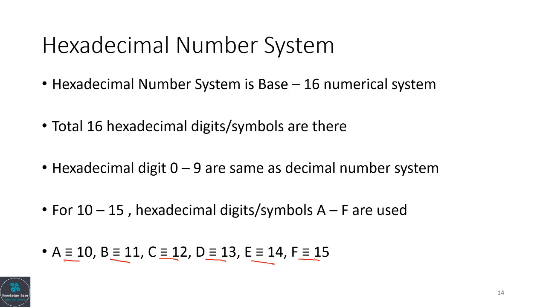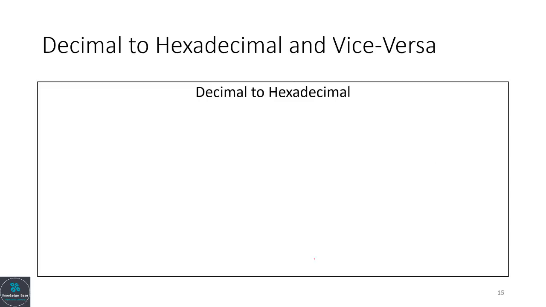Similarly, if we get 13 in decimal, it will be D in hexadecimal. So let us try to convert a decimal number into its equivalent hexadecimal form. Let's take a number. Suppose the number is 123. Divide and quotient method.